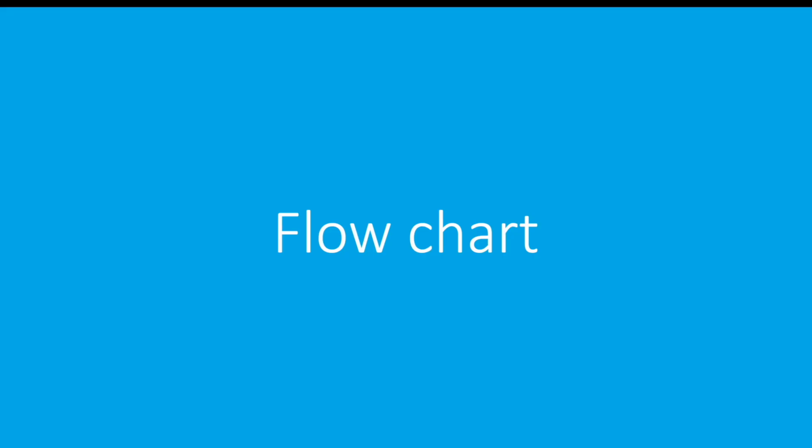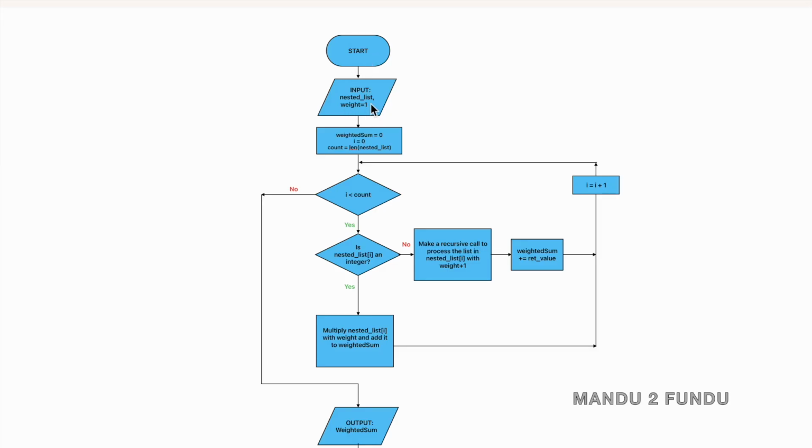Let's look at the flowchart for this solution. Nested list and the weight 1 are passed as an input, and then we initialize the weighted sum to 0. We loop through all the elements in the nested list. If the nested list of I is an integer, then we multiply that number with the weight and add it to the weighted sum.